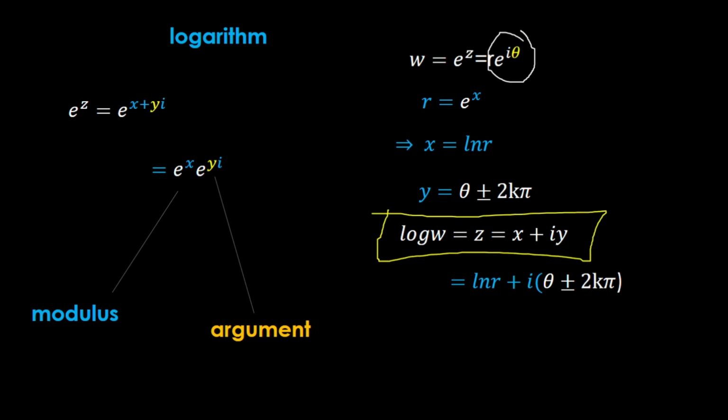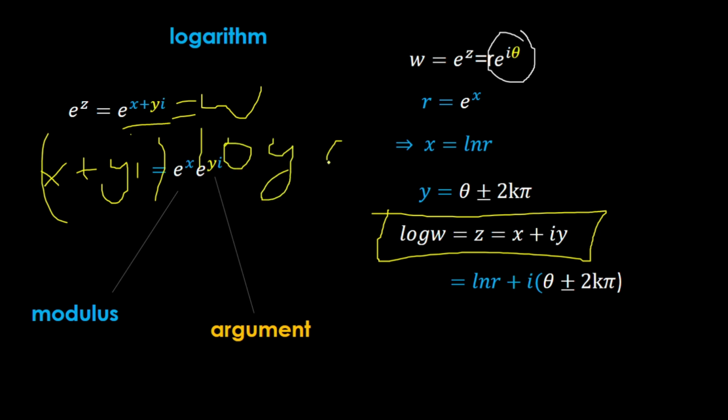Log w, because here you have equal to w here. Log w is equal to z, that is equal to what? x plus yi, because x plus yi log e. Yeah, because this part is the same thing as that, x plus yi, and this r, we just ignore because we consider it as 1 for this case.